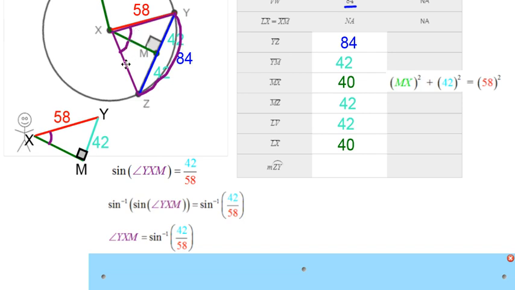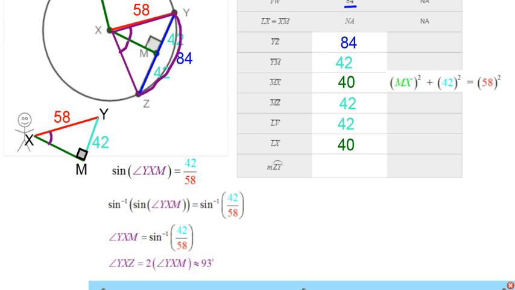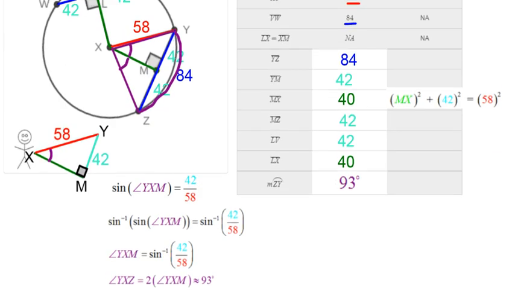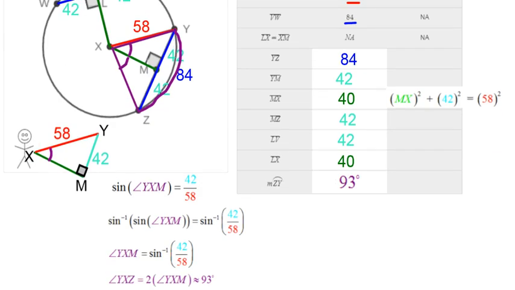There are two of them. So I need the measurement of YXZ in order to get the arc measure for our circle. So whatever this angle measurement is, I still have to double it. So two of those would be about 93 degrees. That's the measurement of the intercepted arc YZ for our circle.